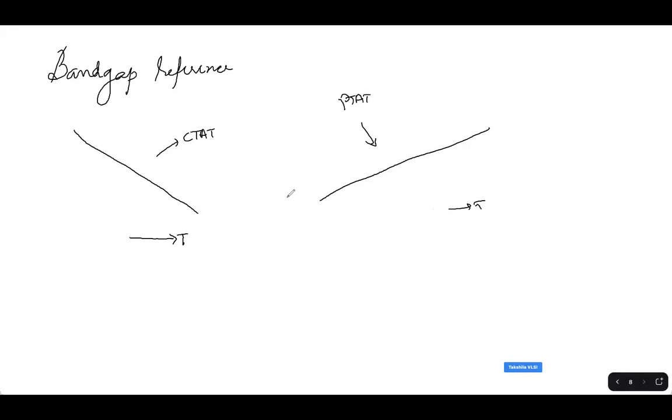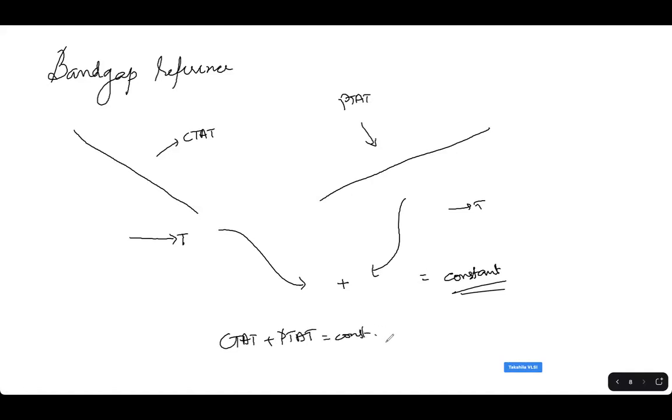And if we add them together, add this and this, you ideally get a constant output voltage. CTAT plus PTAT will be constant. Why? Let's say you have a voltage ranging from 1.2 to 0 volts.